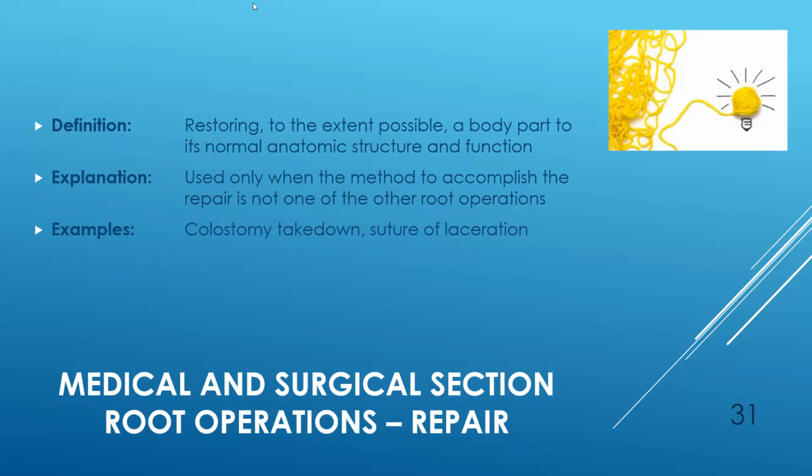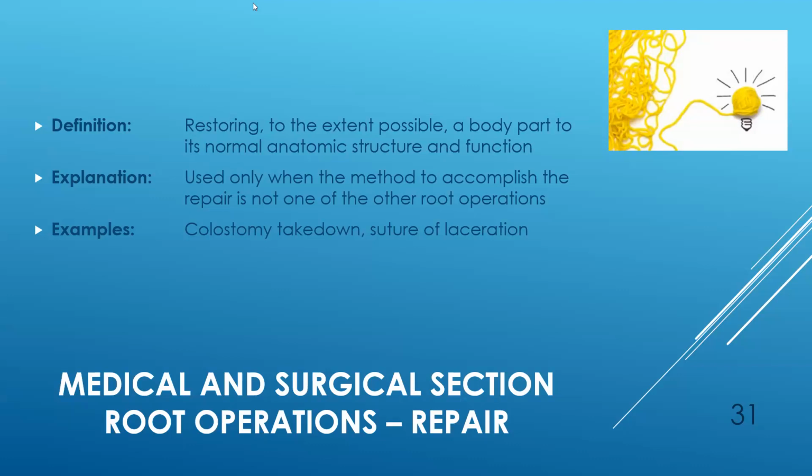So repair. This is your general default, all-purpose root operation when all else fails. Restoring, to the extent possible, a body part to its normal anatomical structure or function, used only when the method to accomplish the repair is not one of the other root operations. This is your last resort, like a colostomy takedown, because they do a lot of that.